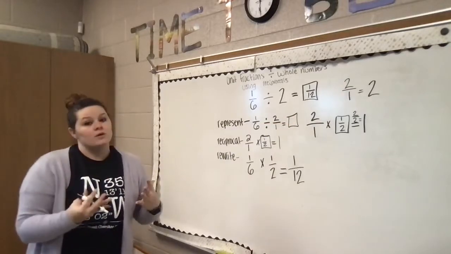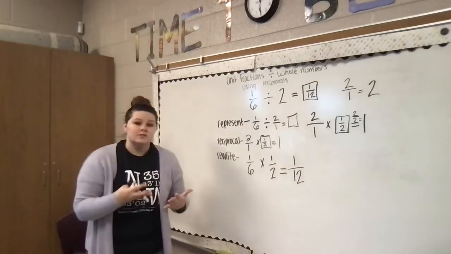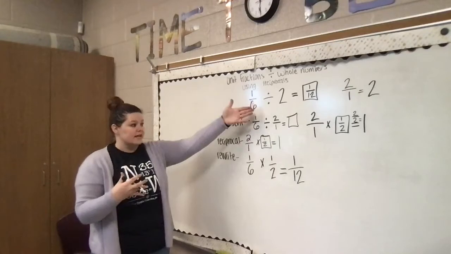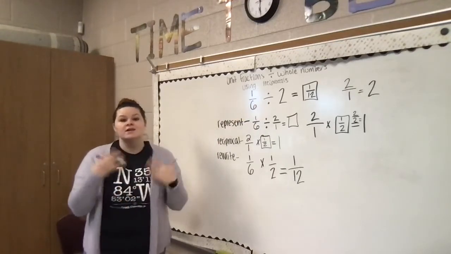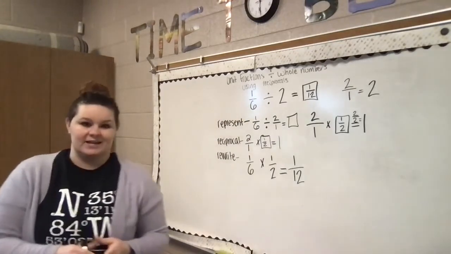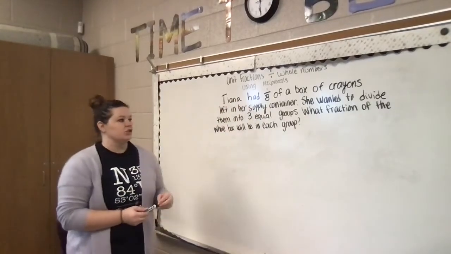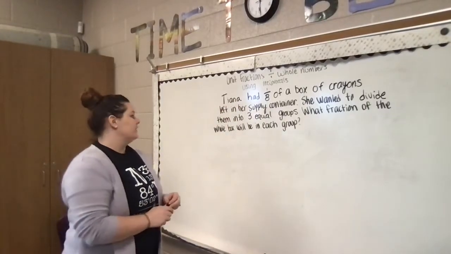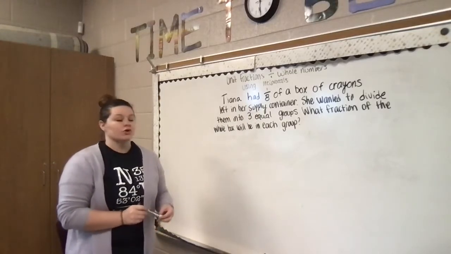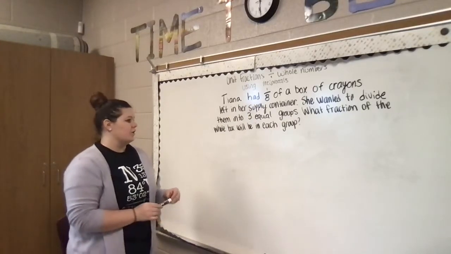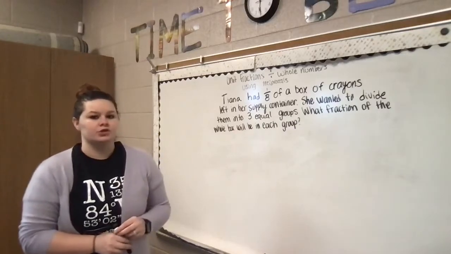Of course, it won't always be so simple. Sometimes you'll have to decode a word problem to set up your equation and then follow these steps. So that's what we'll do in the next example. Tiana had 1/8 of a box of crayons left in her supply container. She wanted to divide them into 3 equal groups. What fraction of the whole box will be in each of those groups?